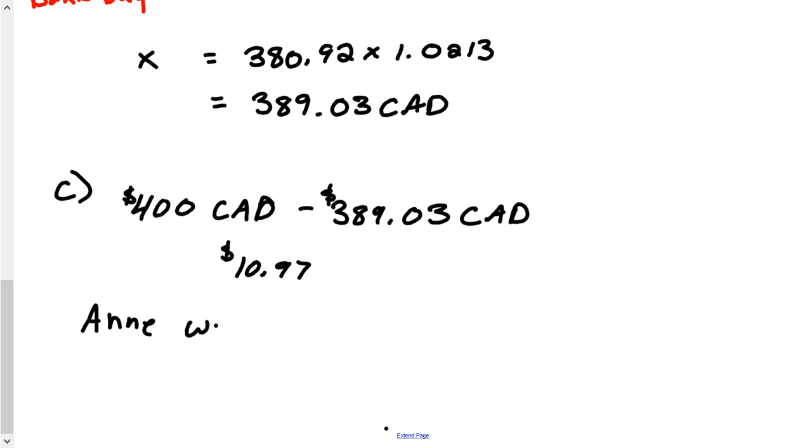And she would lose $10.97. And that happens, sometimes you have a trip scheduled and you don't get to go, and then you need to get the money exchanged back because you might not be going again soon enough in order to get all of that done.